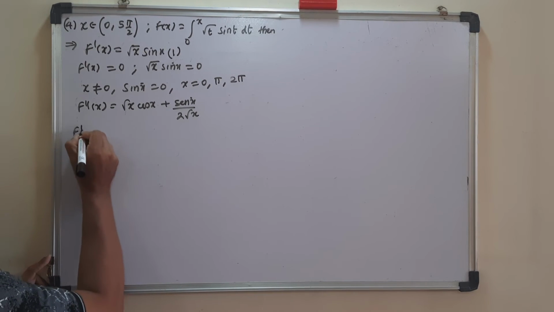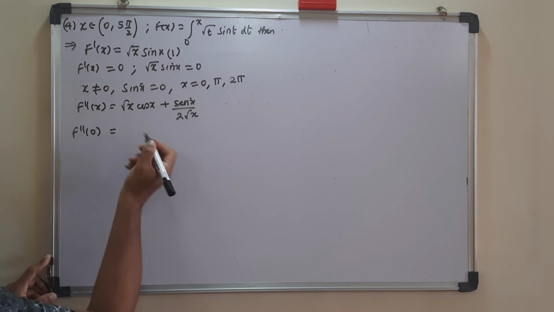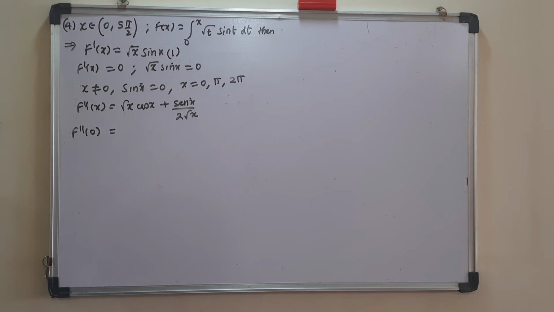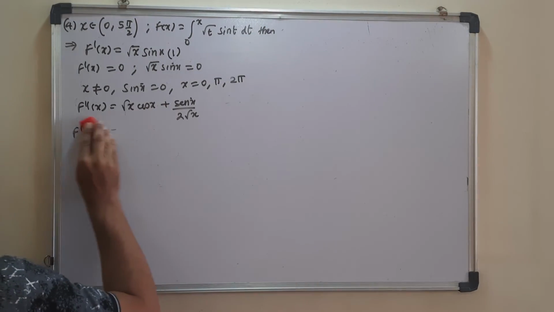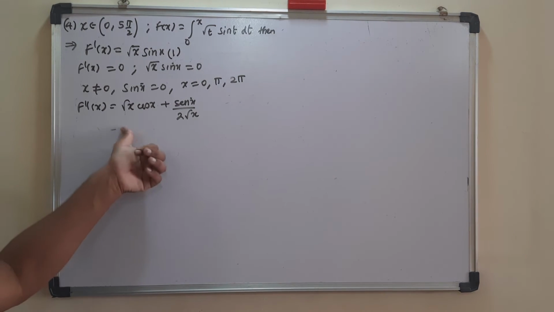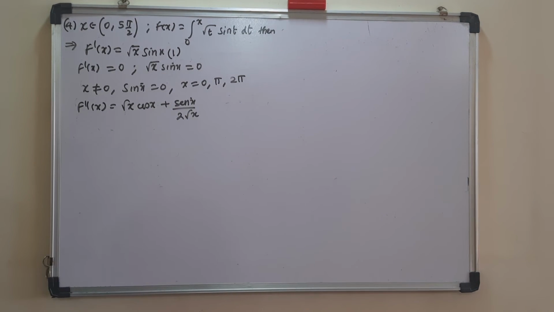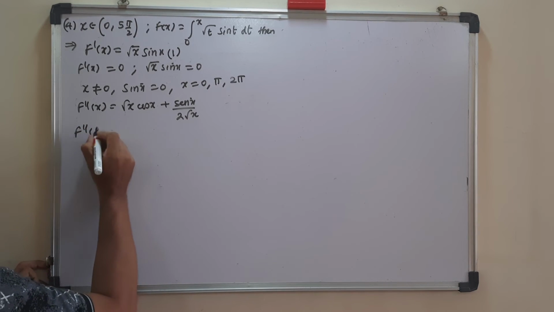So first of all, at 0 I don't get it defined, obviously. So I am not going to check at 0. So this is not in my list. I will be checking here at pi, that is the second derivative at pi.